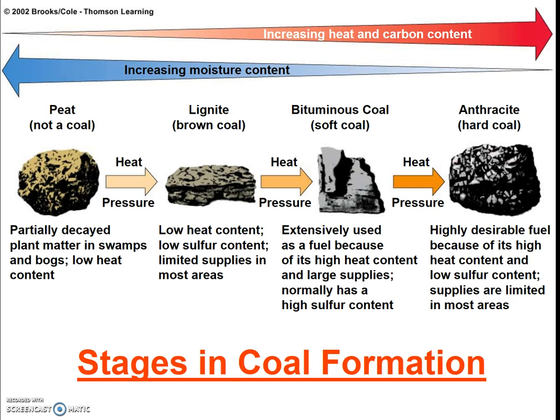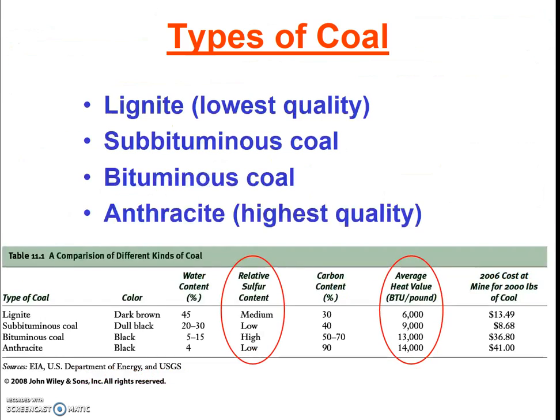Each of these types of coal has a different sulfur content and a different heat content. Notably, most of the coal we have here in the United States is lignite and bituminous coal, rather than the cleaner burning, higher energy anthracite coal. Bummer.